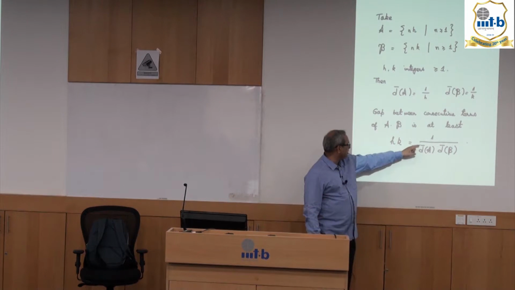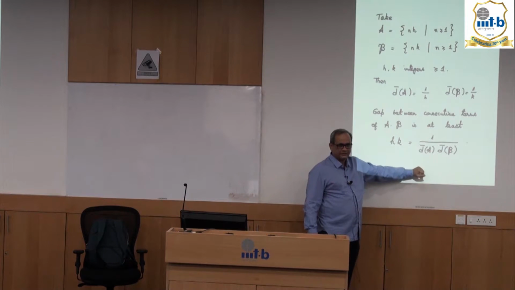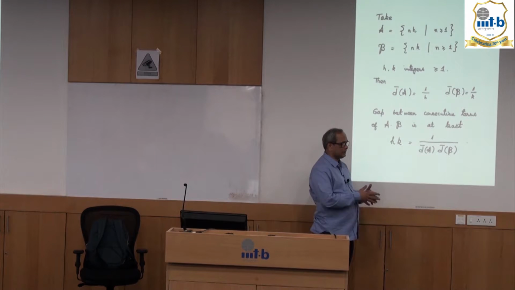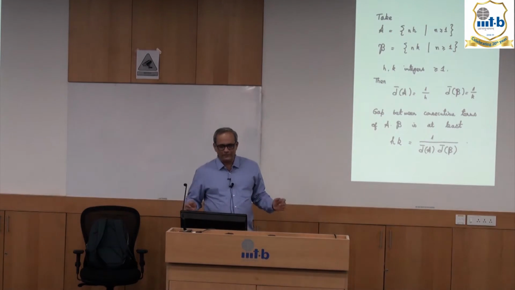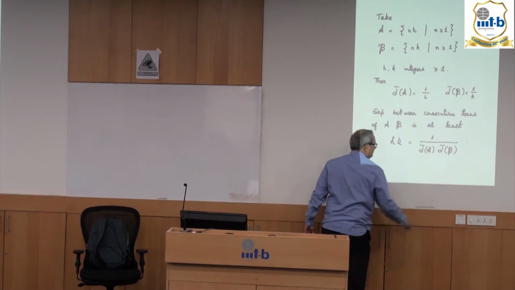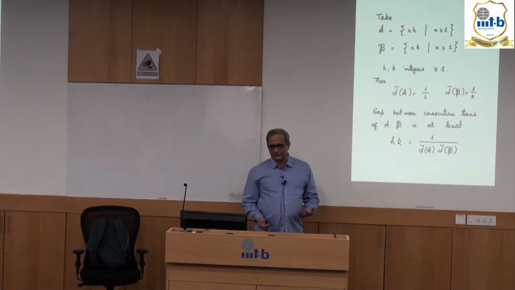And you see hk is 1 over the product of the densities of the sets. So if you want to assert that there are infinitely many consecutive terms with a certain gap, the best possible in some sense is just the reciprocal of the product of the densities.